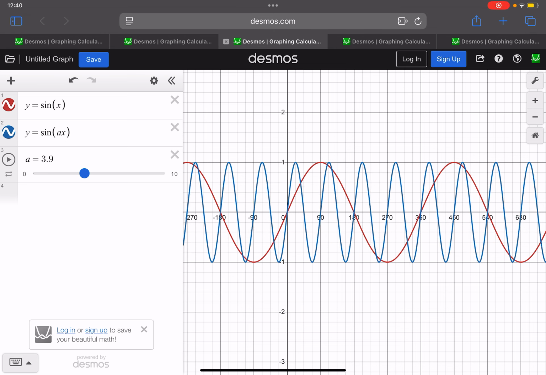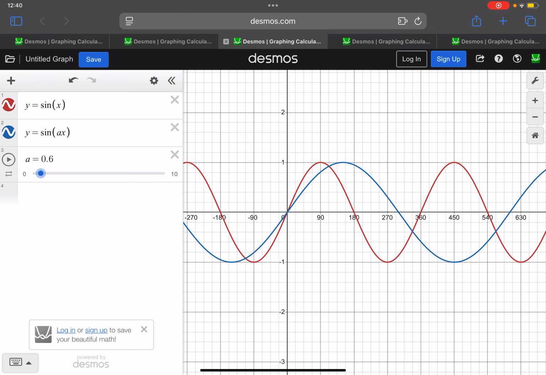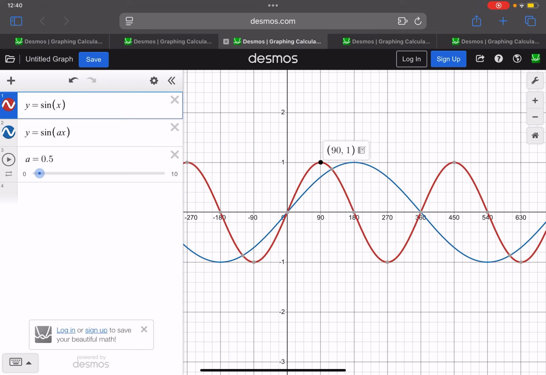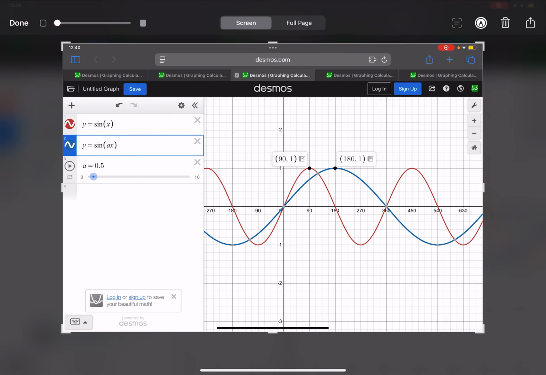If I make a less than 1, so for example, if I make a 1/2, we can now see that it's stretched out in the x direction. The coordinate that was previously here at 90 is now here at 180. It's doubled because that's the same thing as dividing by 0.5.